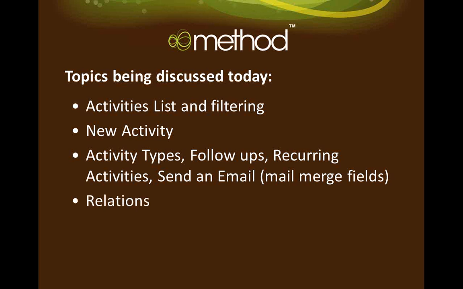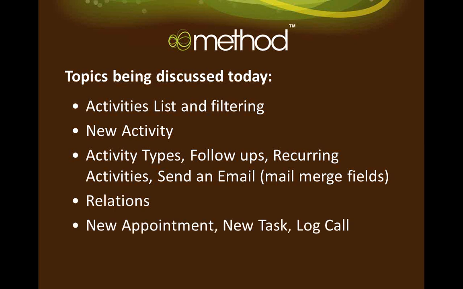I'll go over relating other entities, so other activities, cases, and opportunities to activities that you have opened up. And then we'll also go over the new appointment, new task, and log call screens, which are in general convenience links for creating activities. And then lastly, the activity calendar.